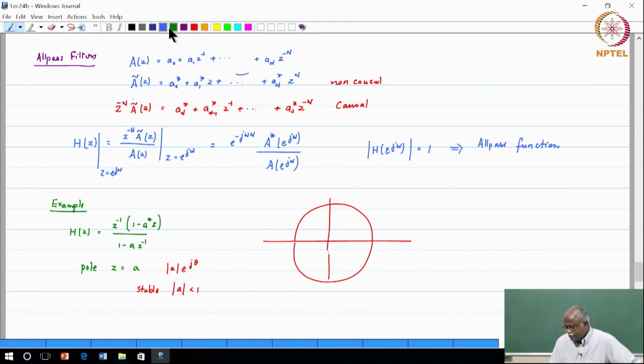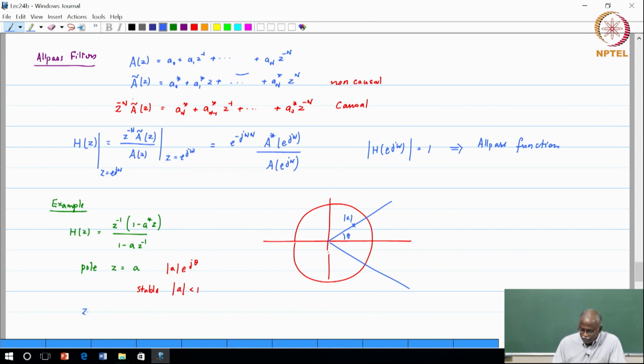So again, just for argument's sake, if this is the angle theta, then maybe I should draw it the other side. Okay, if this is angle theta, that is the radius mod a. So this is where the pole is located. Now go back and look at the 0.